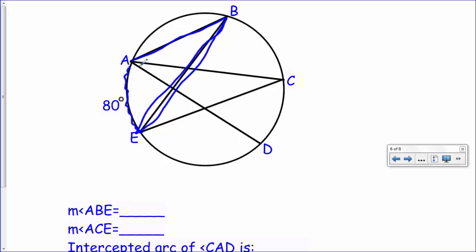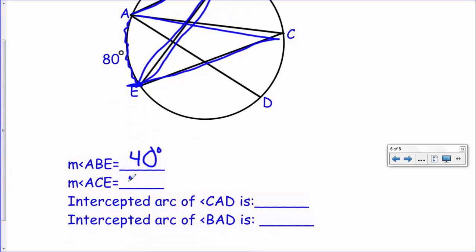This would be 1/2 the measure of the intercepted arc, which is 80, which makes the angle half, or 40 degrees. Angle ACE, notice this angle here, also has the same intercepted arc of 80 degrees, which makes the angle also 40 degrees.